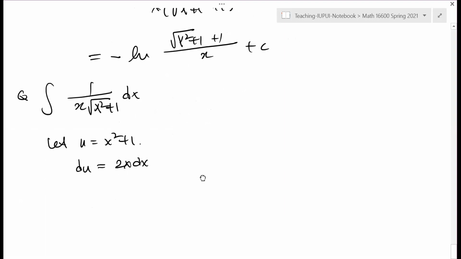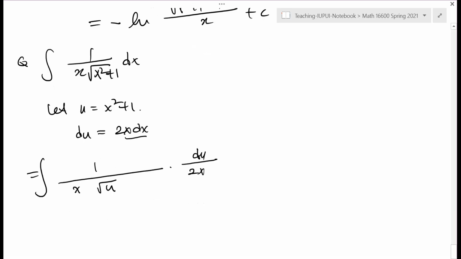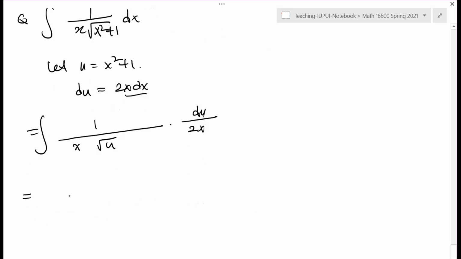So the above integral is going to be, I still have x here, so only this x squared plus 1 is replaced, and then I have a dx, and dx is going to be du over 2x. So I got 1/2 times x squared over square root of u du.